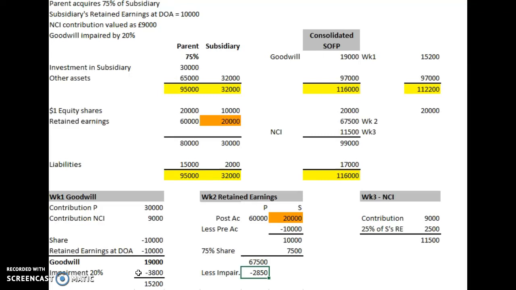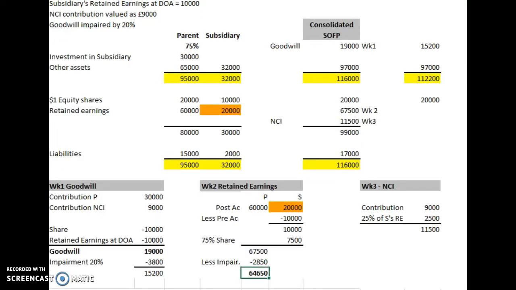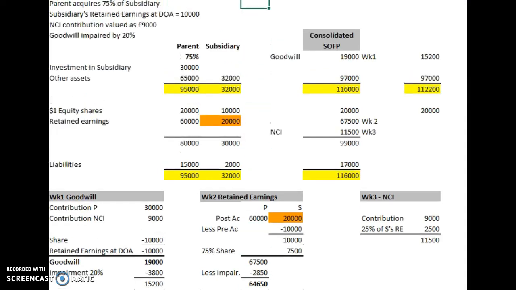And that gives us another opportunity to just calculate that. Add these two together, plus the impairment, 64,650 instead of 67,500. So we've dropped slightly there. Put that figure in there.